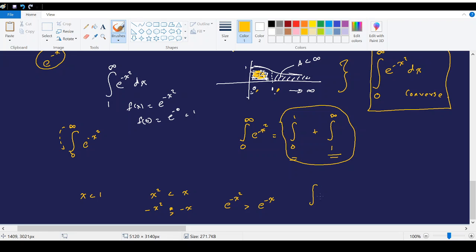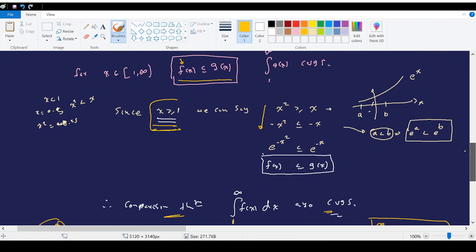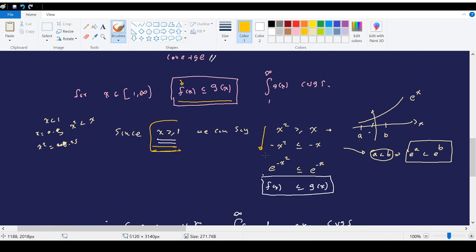Then if we just take this one from 0 to 1, and this one from 1 to infinity, see, we cannot consider this complete interval, because from 0 to 1 we have the opposite direction of the inequality, but from 1 to infinity you have the other way.